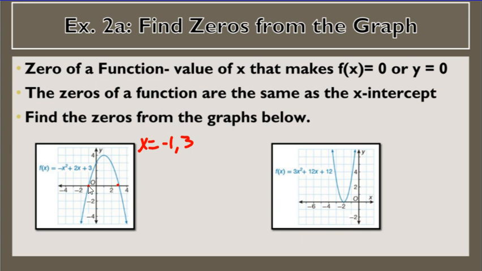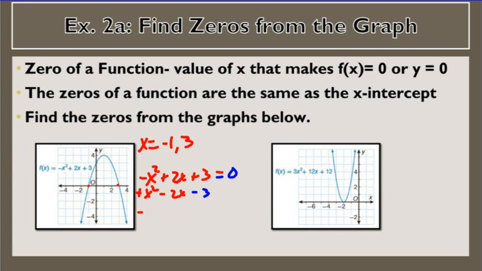If you didn't have the x coordinates, you could take your function, -x² + 2x + 3, and make that equal to 0. But we want to make sure that we have a positive x². So we're just going to move these to the other side.